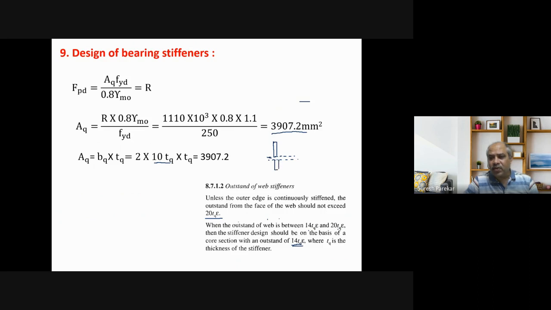So we have 10 tq on one side with thickness tq, and similarly 10 tq on the other side with thickness tq. From this we get 2 times 10 tq into tq equal to 3907.2 mm square. By solving this, we get the value of tq equal to 14 millimeters.